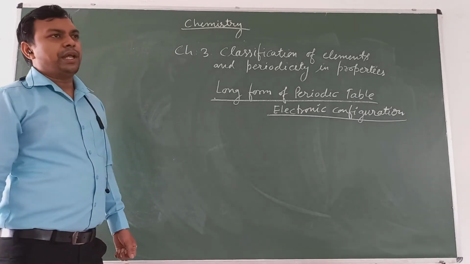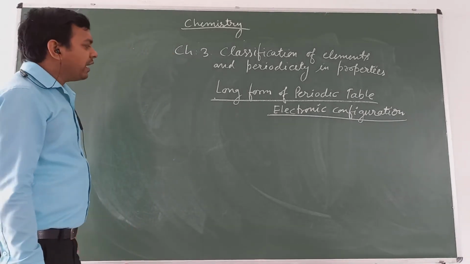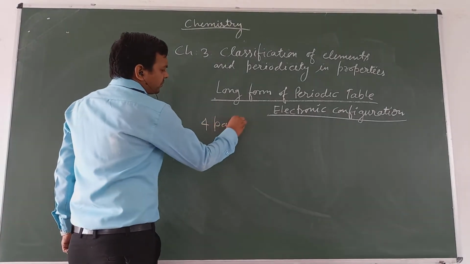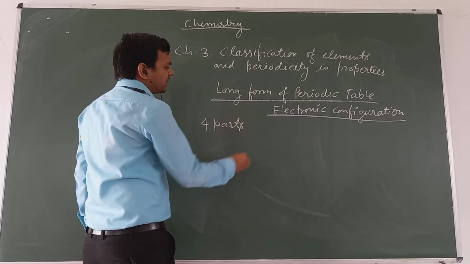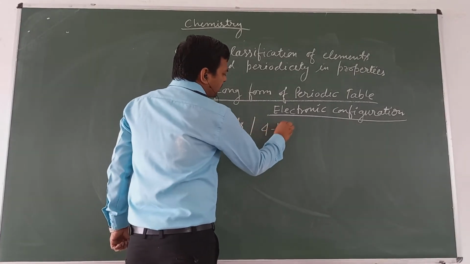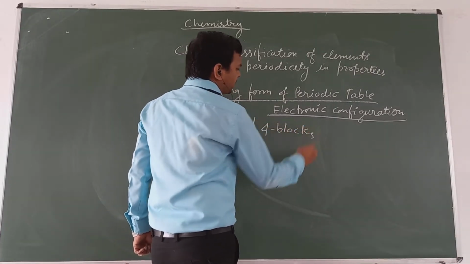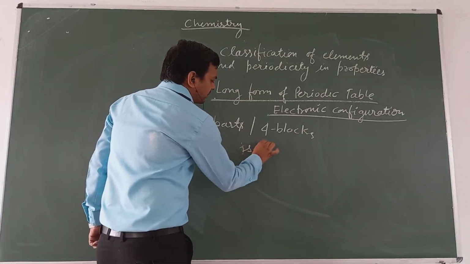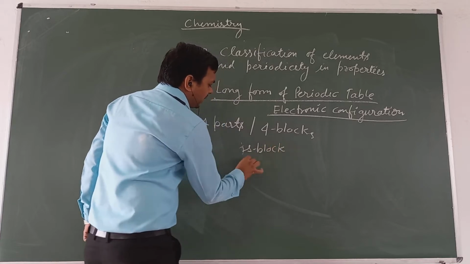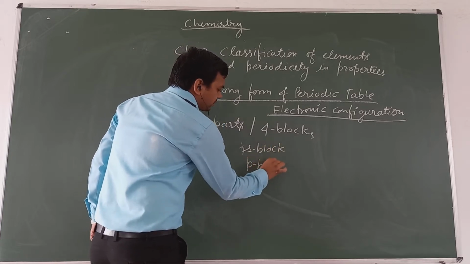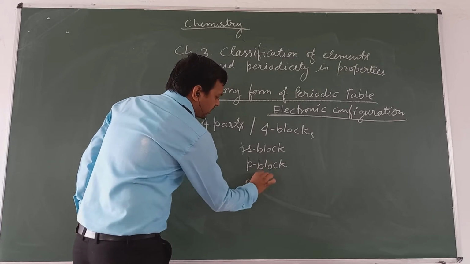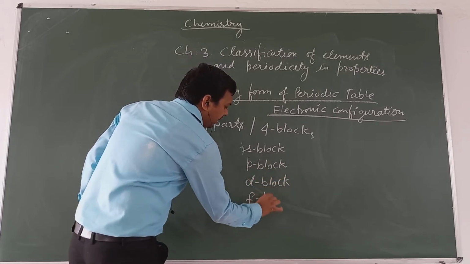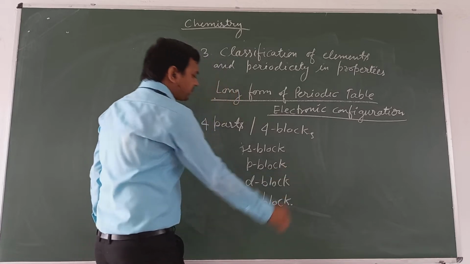The long form of the periodic table is further divided into four blocks, that is, s block, p block, d block and f block elements.